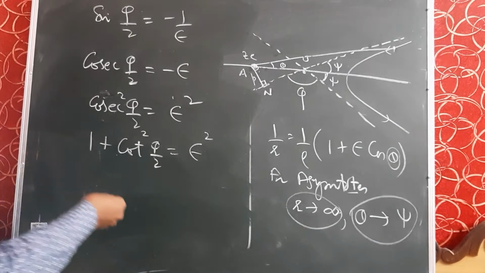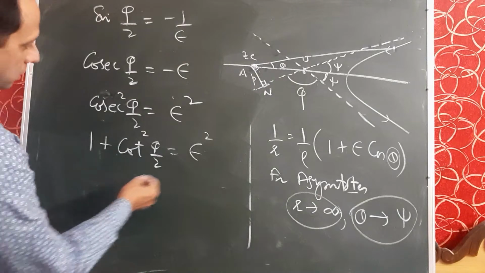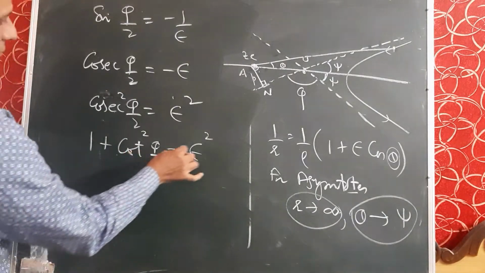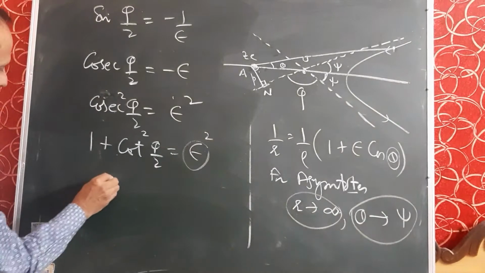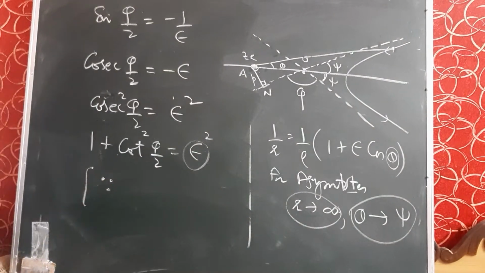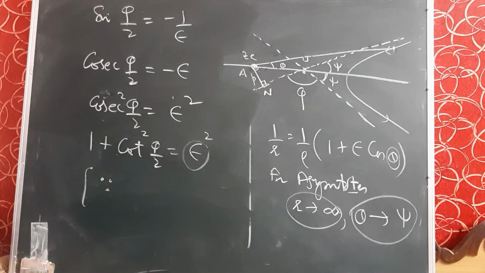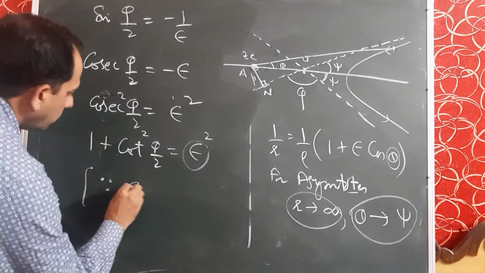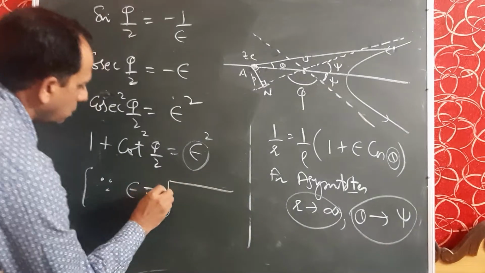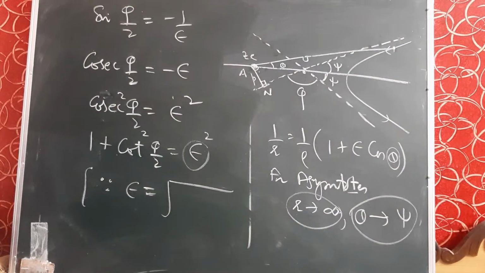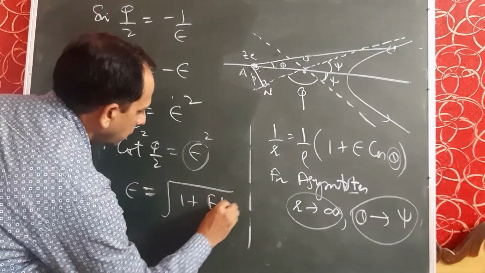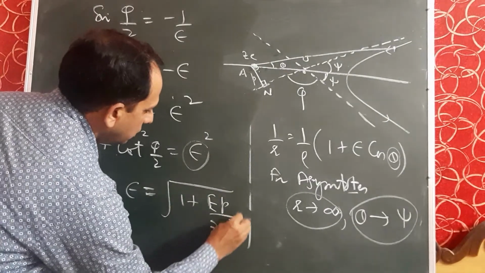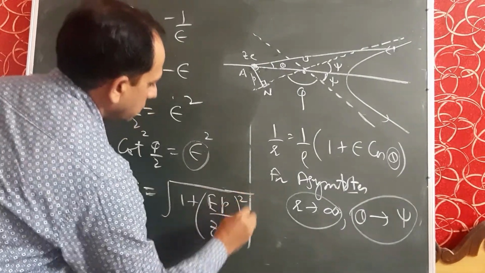Now, what is the value of epsilon or eccentricity? This value we have proved in the previous article, that eccentricity is equal to under root of 1 plus (EP over Ze square) whole square.